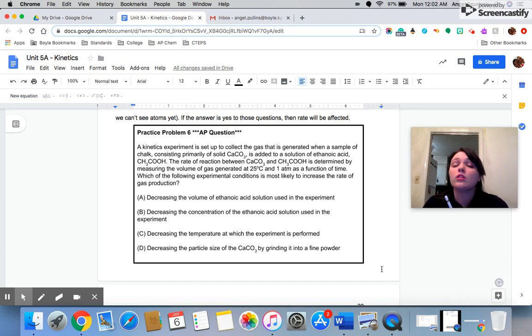And increasing our surface area means it's more likely for collisions to occur. We have more places where collisions are capable of occurring now. And so we're going to increase our reaction rate by increasing our surface area of our reactants. So D is the best option here. Increase our surface area, increase our number of possible collisions, increase the reaction rate.